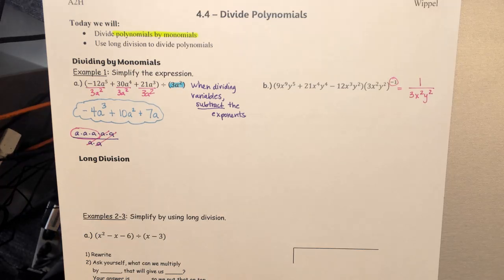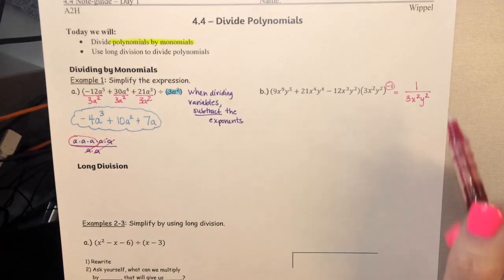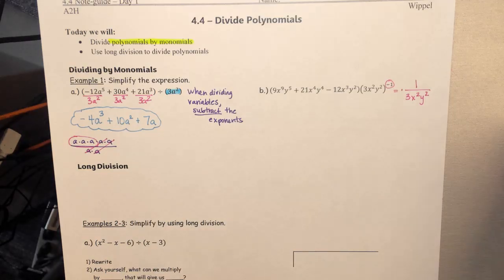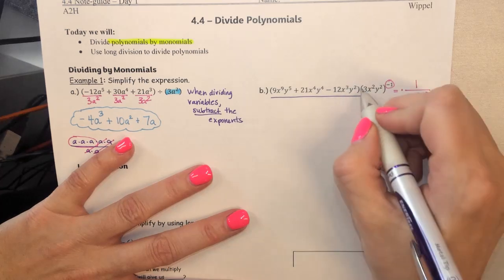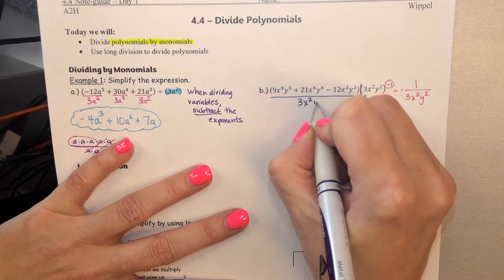So this is a different notation. We are going to be working with negative exponents later on this year. But if you multiply something by 1 over this value, that is the same thing as dividing everything here by 3x squared y squared.